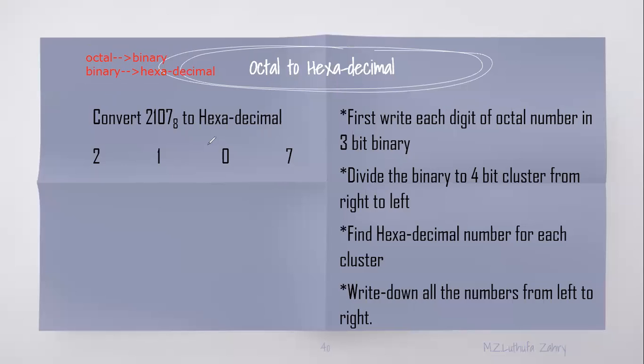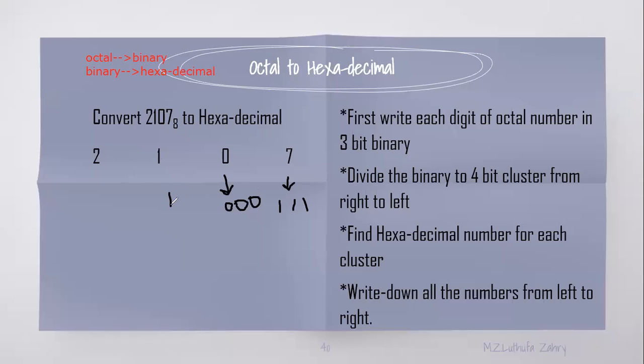Simple thing. First, say octal to binary means how are you going to convert it? As I said, this octal, you have to write it in 3-bit format. For 7, it is going to be 111. You can just check the table, or else you can write the table and then check it. For 0 also, as it is in the middle, it has values, so you are going to put 3 zeros to make the 3-digit format, because that is a rule.